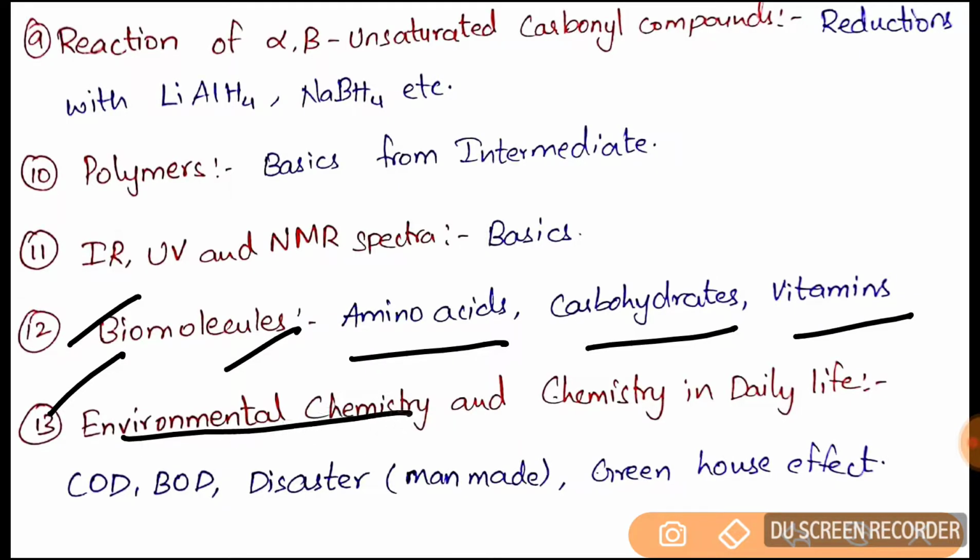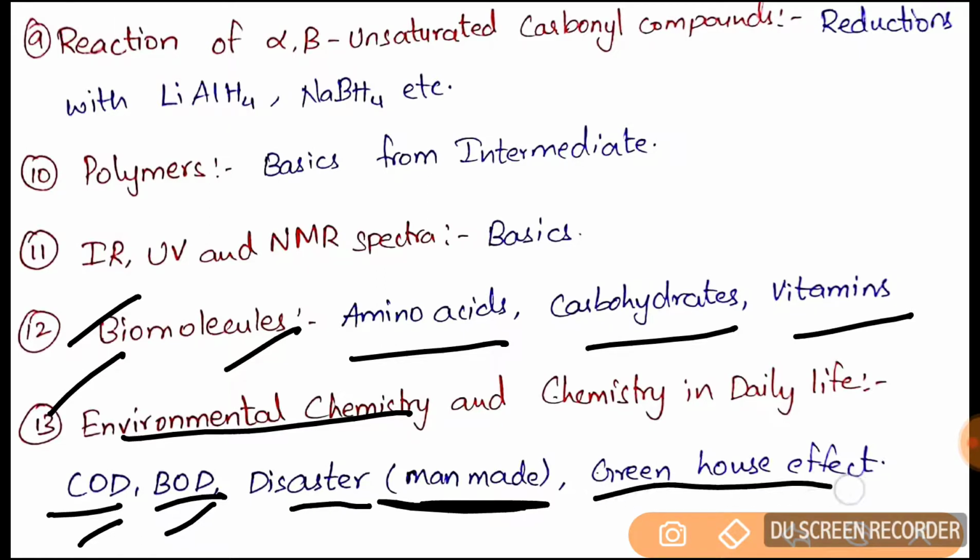In this area, COD, BOD, that is nothing but chemical oxygen demand or biological oxygen demand. Disasters, that is man-made disasters like Bhopal gas tragedy, and which gas is involved in Bhopal gas tragedy, etc. And you can expect a definite question from greenhouse effect, which of the following is a greenhouse gas, etc.